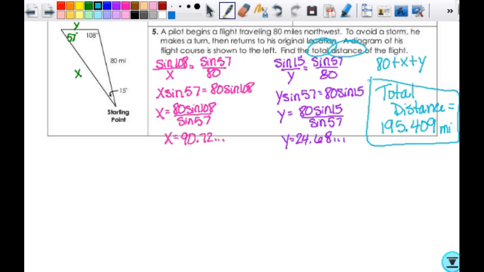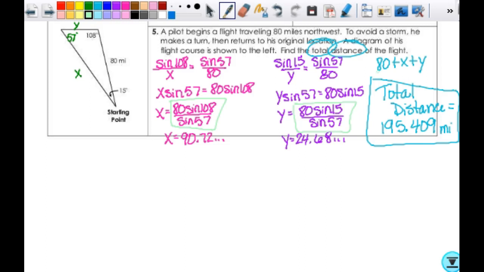Now, could I have avoided storing and just typed in this plus 80? Absolutely. That works too. There's nothing wrong with that. Just as long as you're using the exact values and not rounding along the way, then you're good.